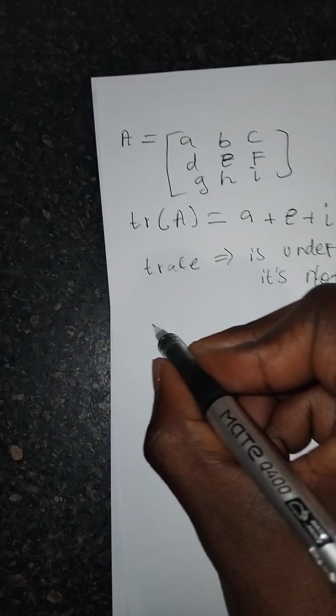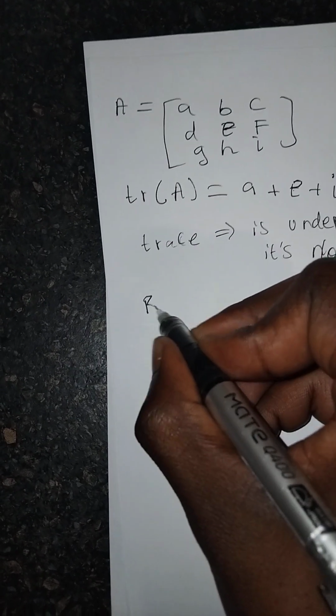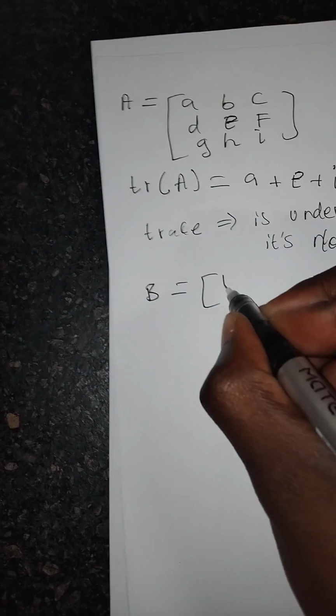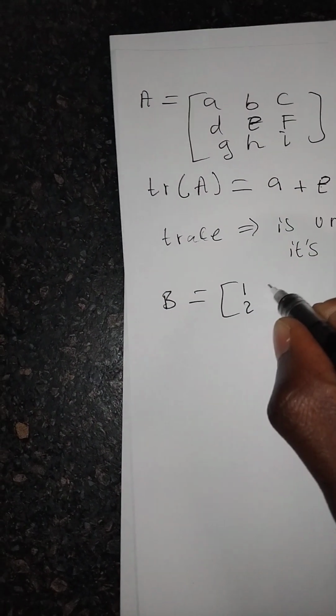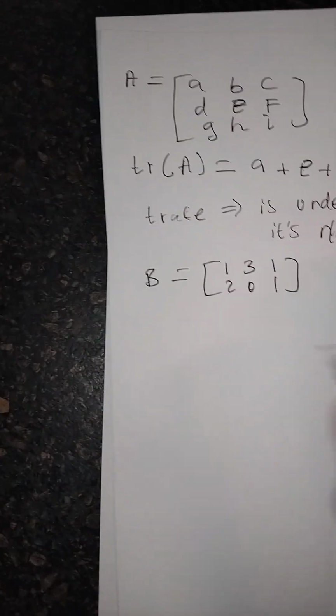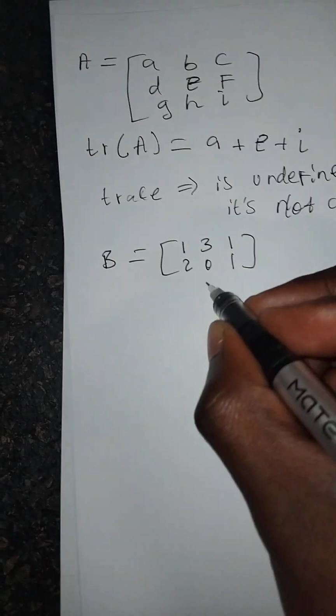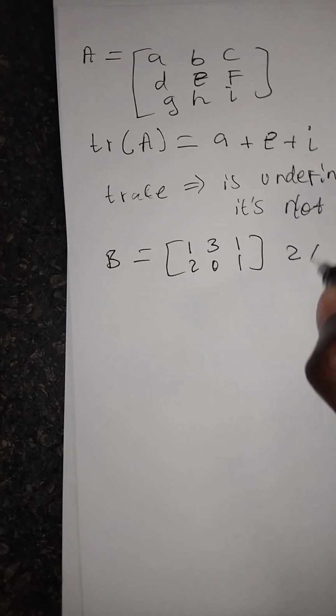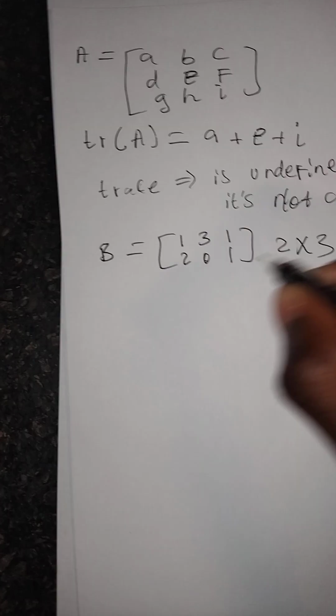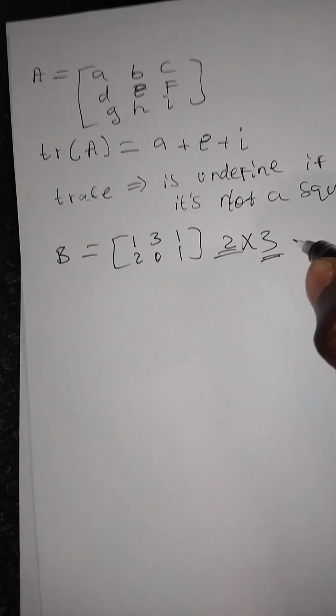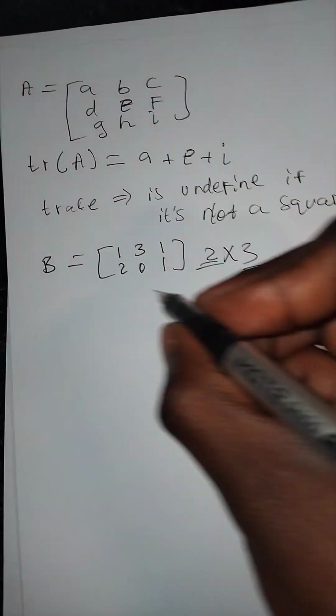So what I mean by not a square matrix: let's suppose we have a matrix B with entries 1, 2, 3, 1, 0, 1. If the number of rows and the number of columns are not equal, then we know that this is not a square matrix. So we see that this is actually 2 by 3. We have 2 rows and 3 columns. So this is not a square matrix. So it doesn't have a trace.